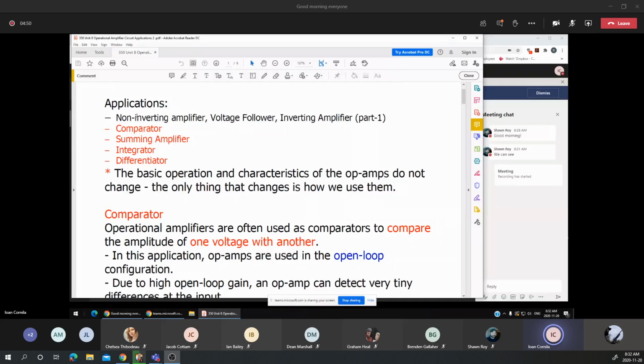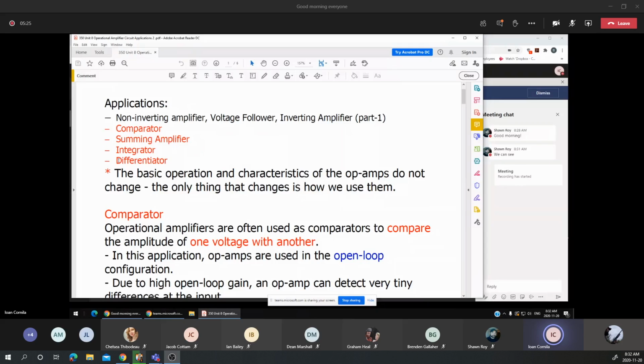And I mentioned that most or all of the applications use these two basic configurations, the non-inverting or inverting amplifier. Remember that a voltage follower is a special case of a non-inverting amplifier, making RF 0 and RI an infinite resistance.